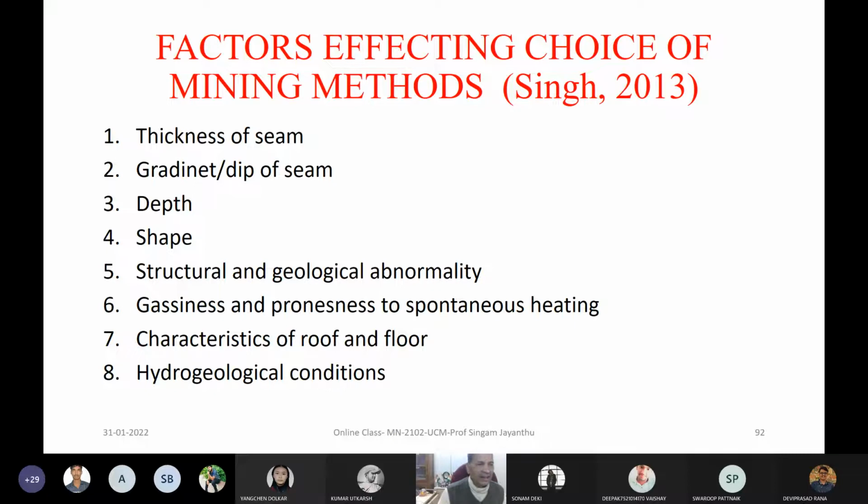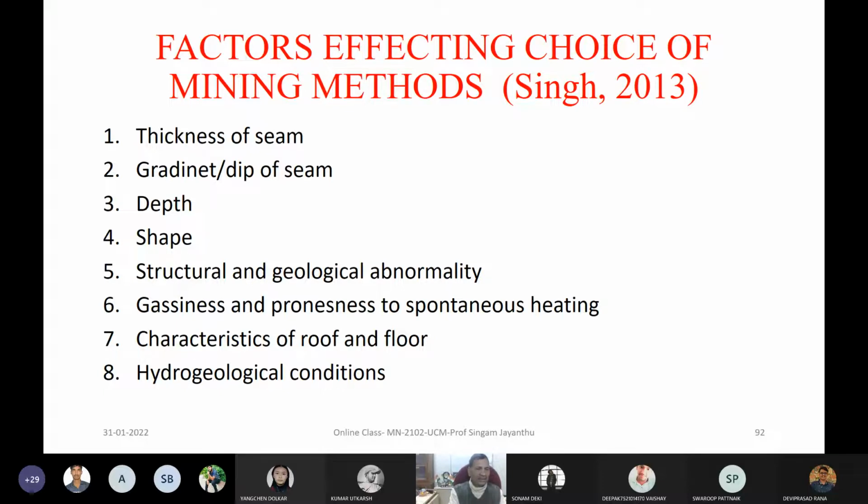So now you will see a different list of parameters, but you should understand how any parameter is affecting in selecting the method. Very simple to understand when it is a thickness of the seam or depth of the working or gradient of the seam. It is very simple. Now, when it comes to your seam, when we are considering different parameters, how to consider?